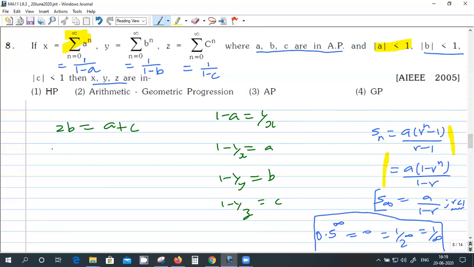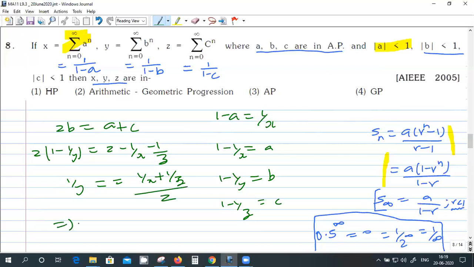So 2b is 2 times 1 minus 1 by y, equal to a plus c, which is 1 minus 1 by x plus 1 minus 1 by z. So 1 by y is 1 by x plus 1 by z divided by 2. This means that 1 by x, 1 by y, 1 by z are in AP. That means that x, y, z are in HP.